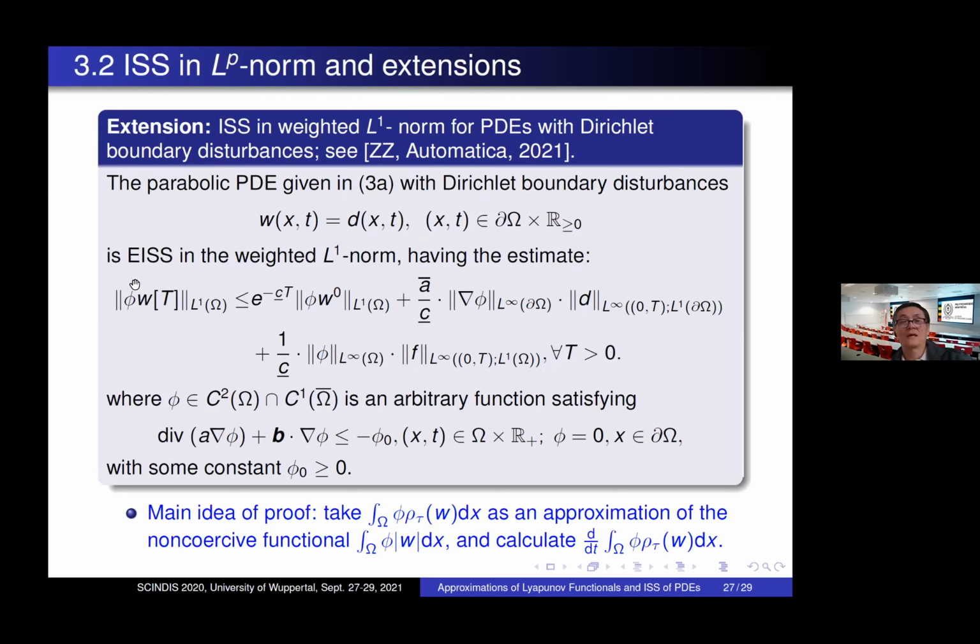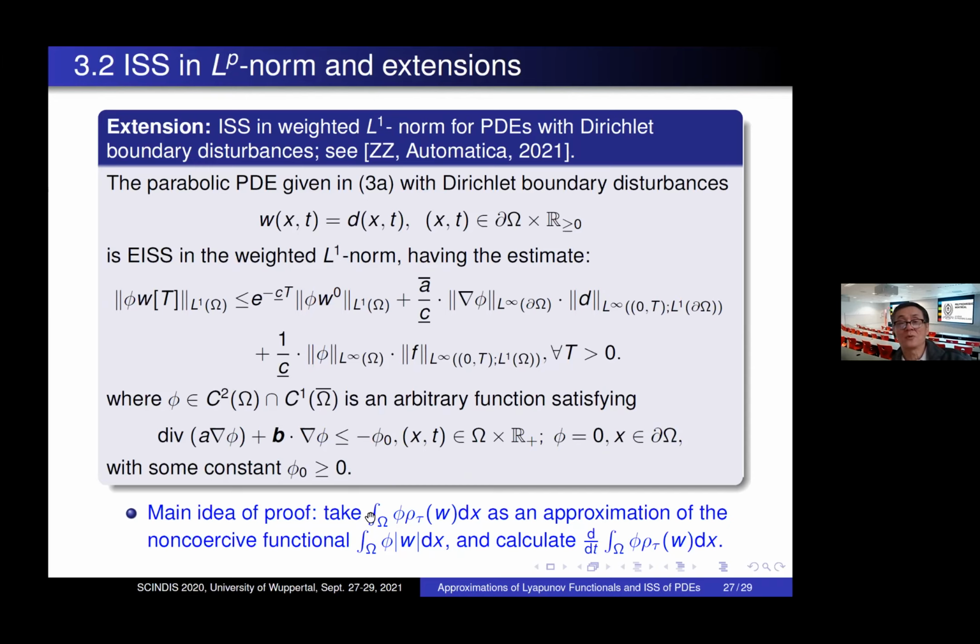We can prove that the system is exponentially ISS with a weighted L1 norm, which takes this form. Here phi is a function given here, a solution of this differential equation, with the initial value equal to 1, boundary value equal to 1, and the initial value bigger than 1. Okay, we can get this one.